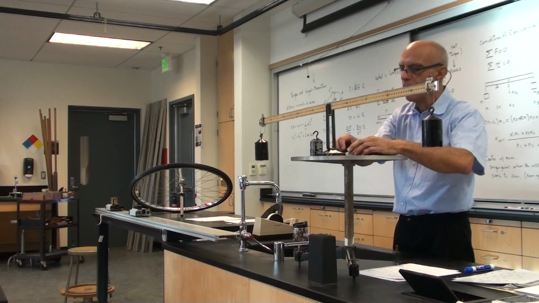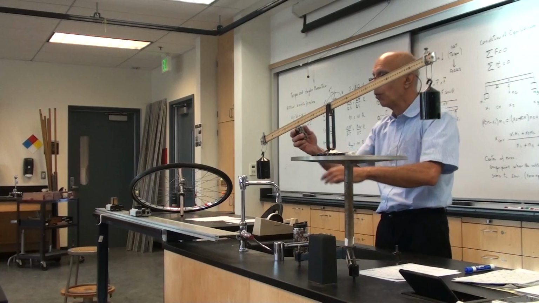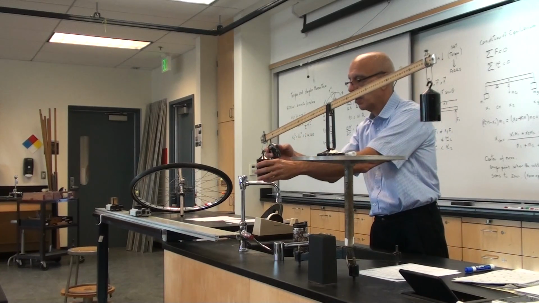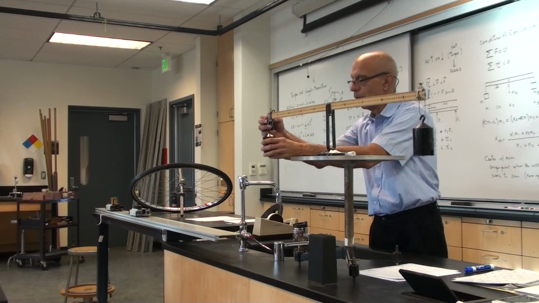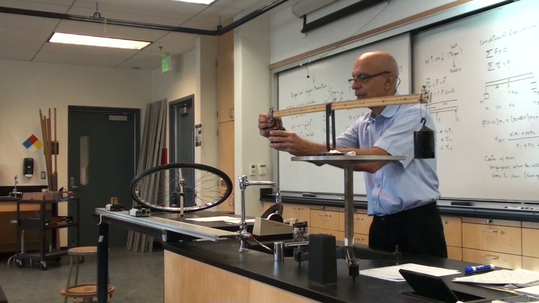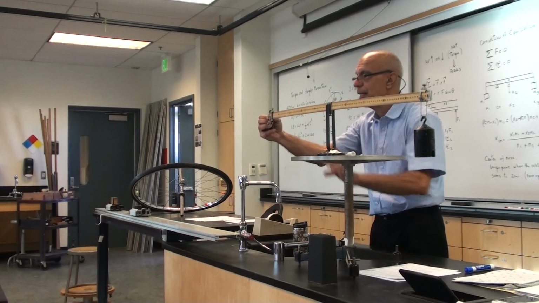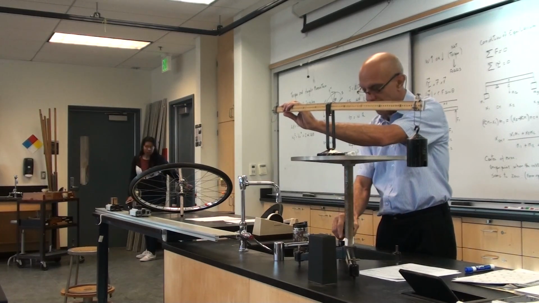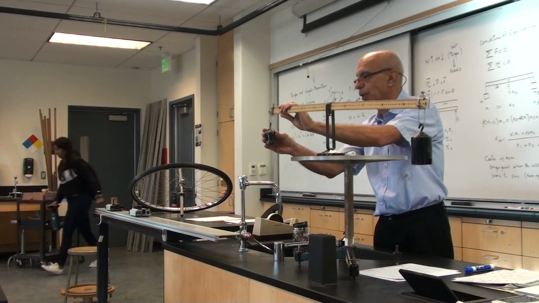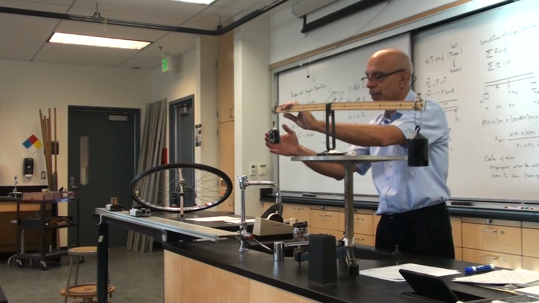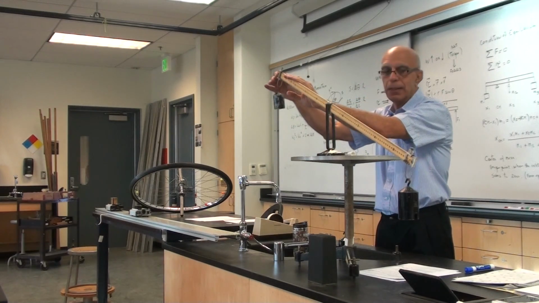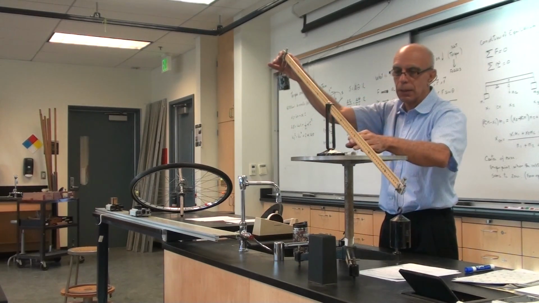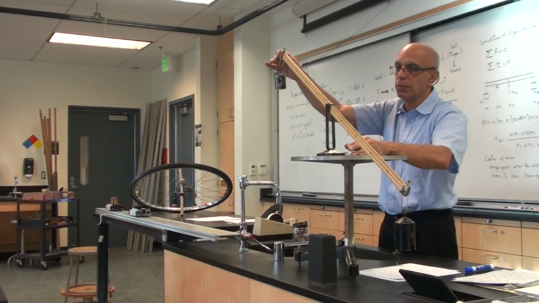So if I change the weight now, this is 100 grams, and if I change the weight now to, no, this is 1,000 grams. If I change the weight now to 500, you see that the equilibrium, the balance, is broken.